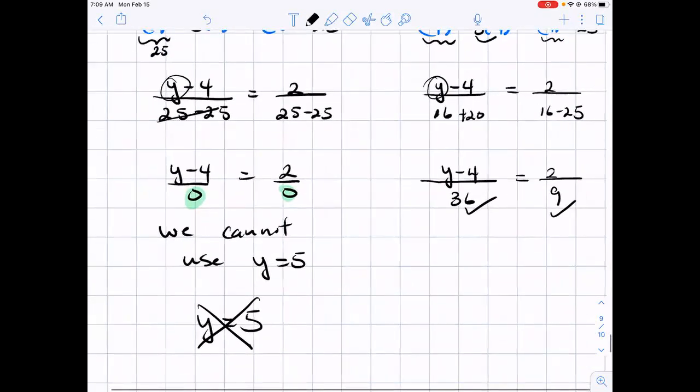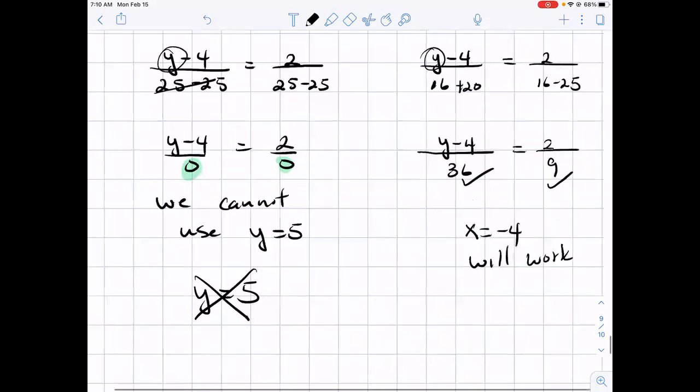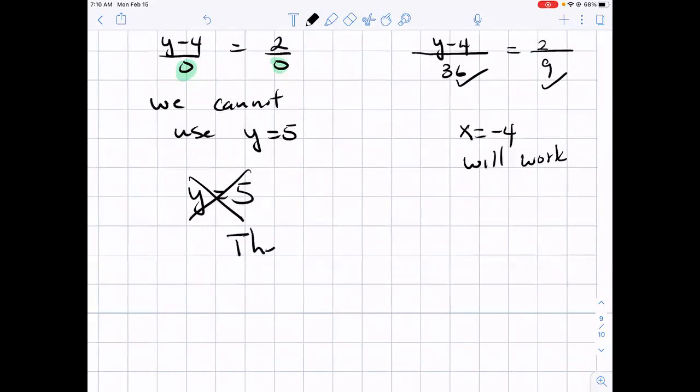So the only solution that will work is y equals negative 4.